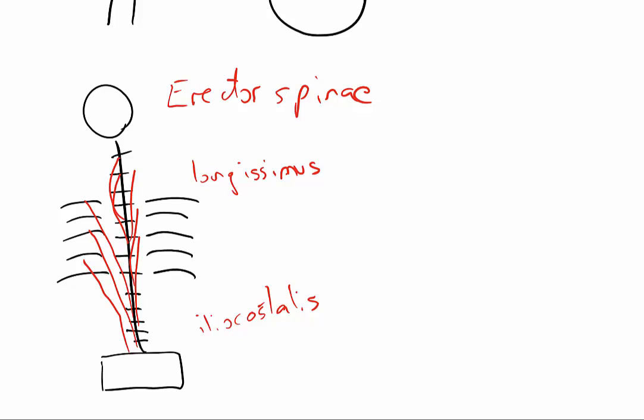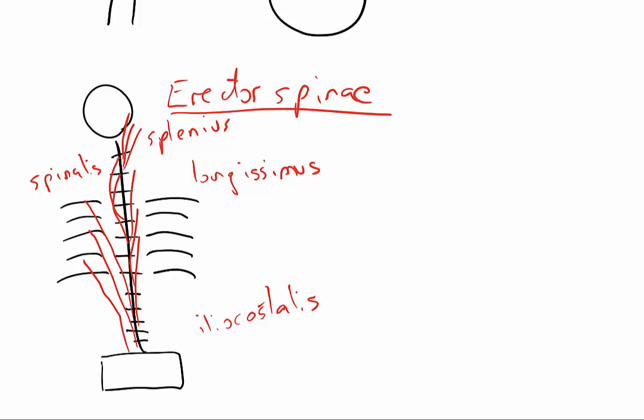And because they go from spine to spine, we call those the spinalis group. And the last ones are the ones that go from spinous process outwards to the skull, and they're only in the neck region, and that's splenius.